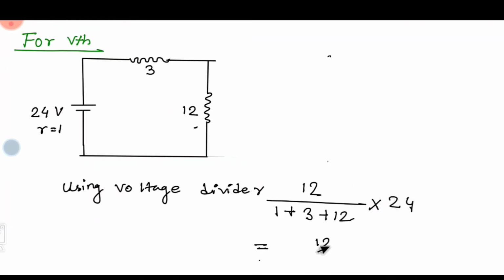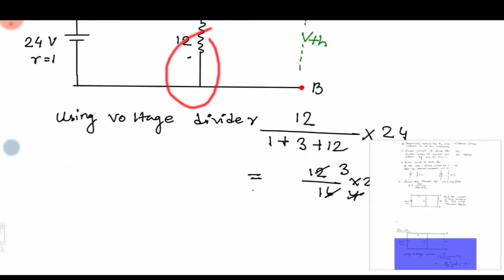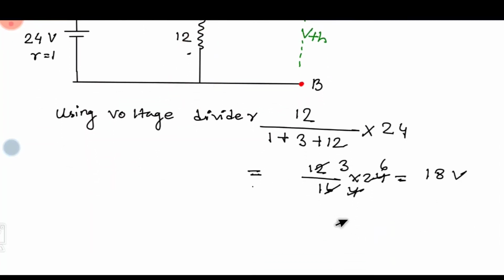It would be 12 by 16 into 24, so it would be 18 volt. So this is the voltage across this 12 ohm resistance. So it would be our VTH.